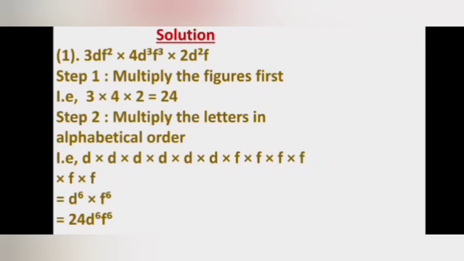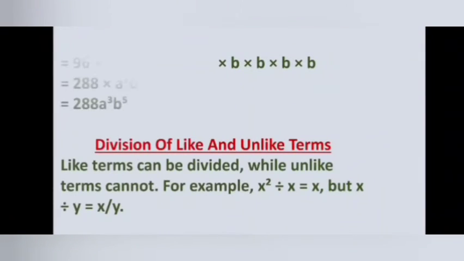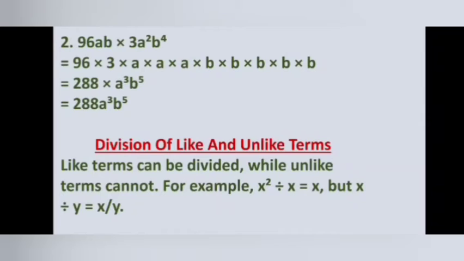Now let's take the next one. Hope you're ready. Let's go. We have the next one, 96ab times 3a squared b raised to the power 4. Then, as usual, multiply the numbers.